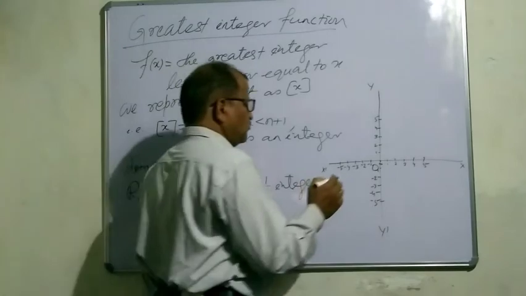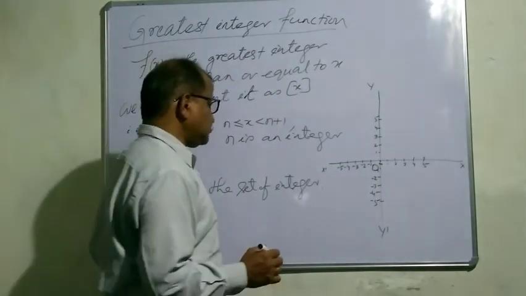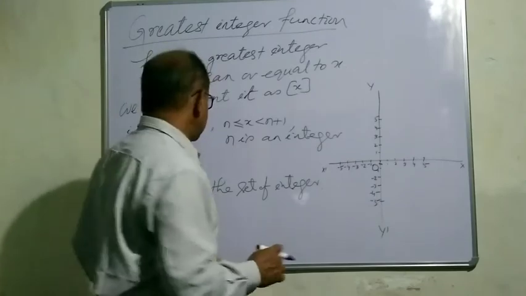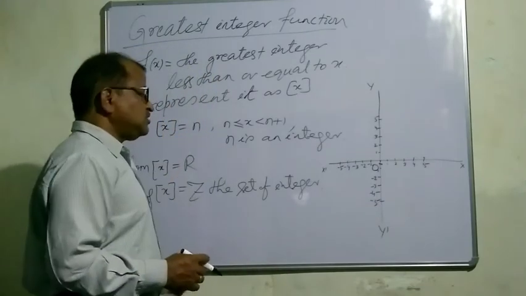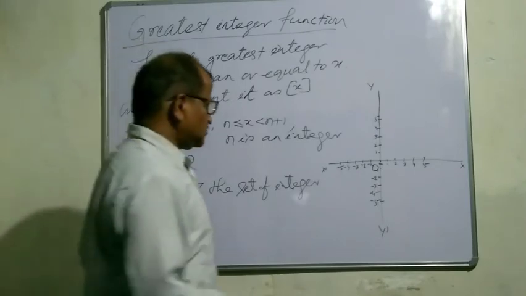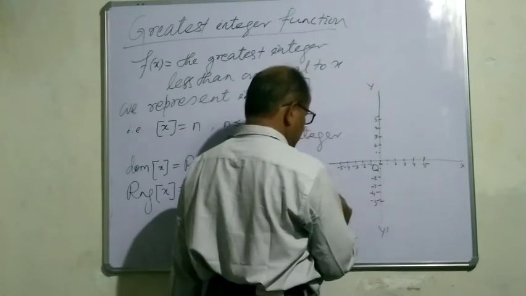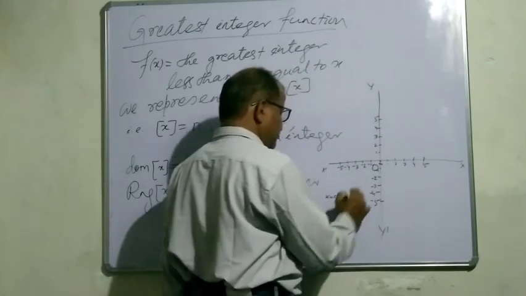Suppose we move from 0, when x is equal to 0. The greatest integer value of 0 will be what? It is an integer, so it will be 0. Suppose I take x equal to 0.5.